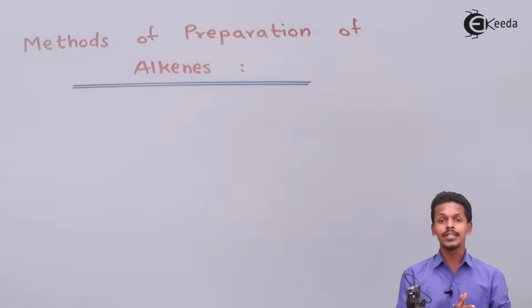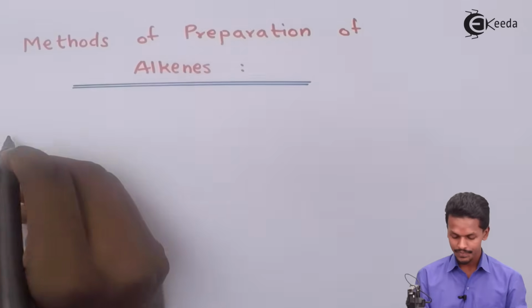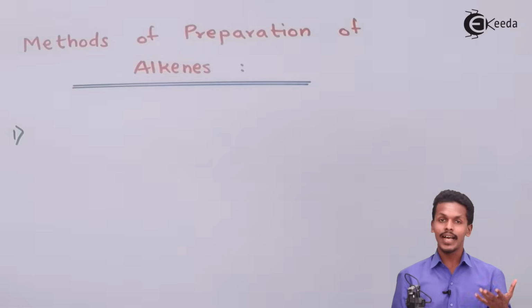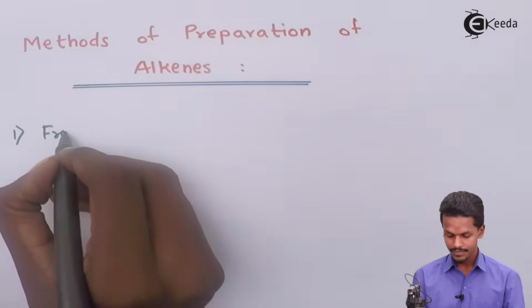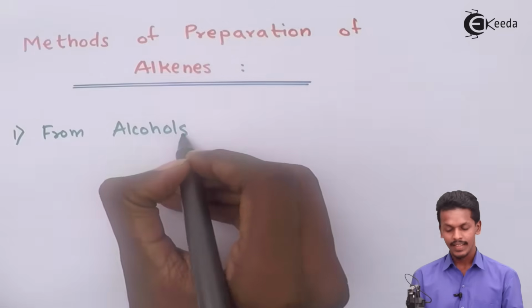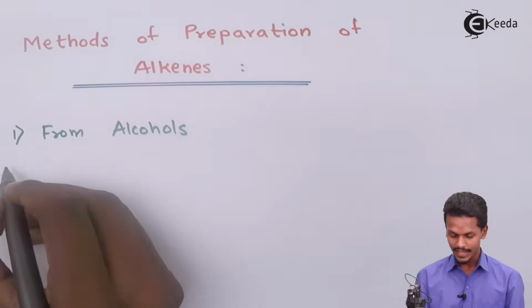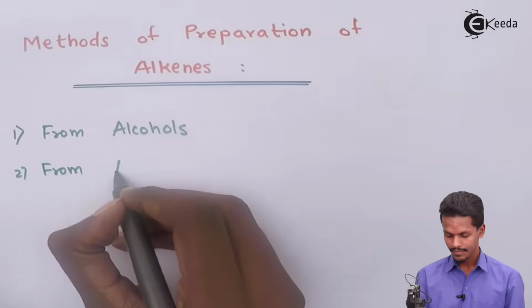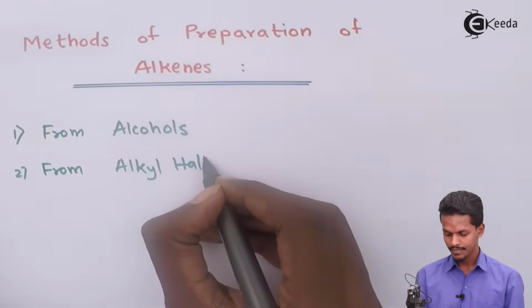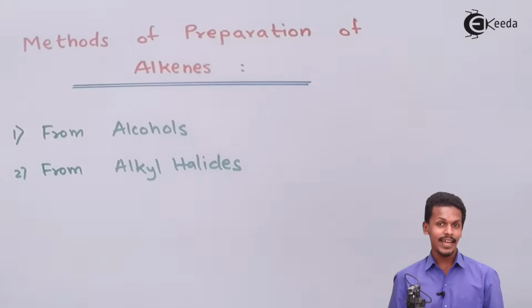So there are a few processes where we could convert different chemicals to alkene. Starting with the first one, we could prepare alkene from alcohols. Second, from alkyl halides.